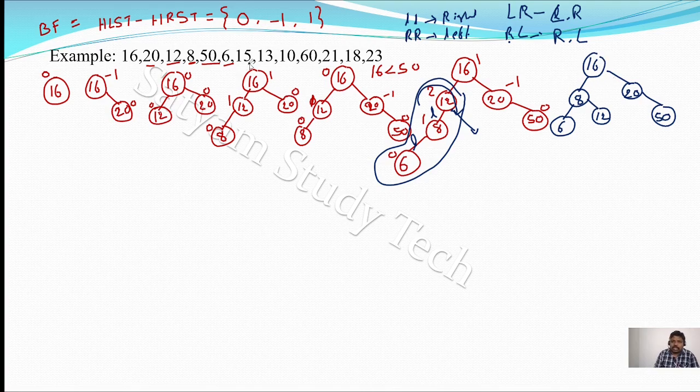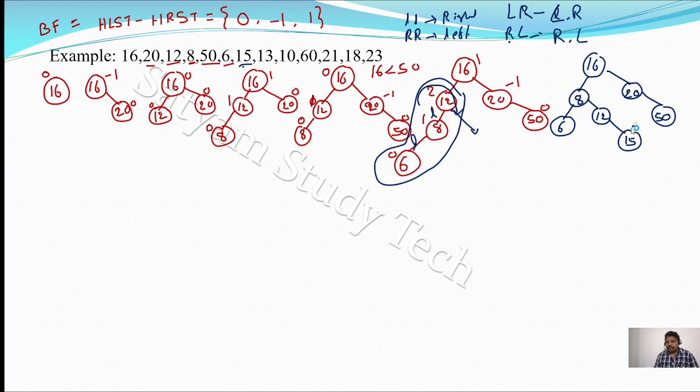How to add 15? Where can you add 15? You compare with this one, and also compare with 8, so you can add 15 here. Again you have to calculate.